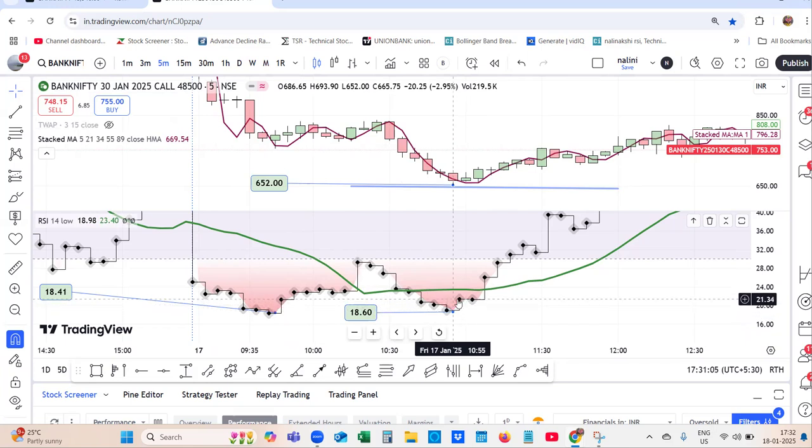There is shift in the momentum of this step in this candle itself. In this bearish candle itself, RSI is showing strength. Early signal.